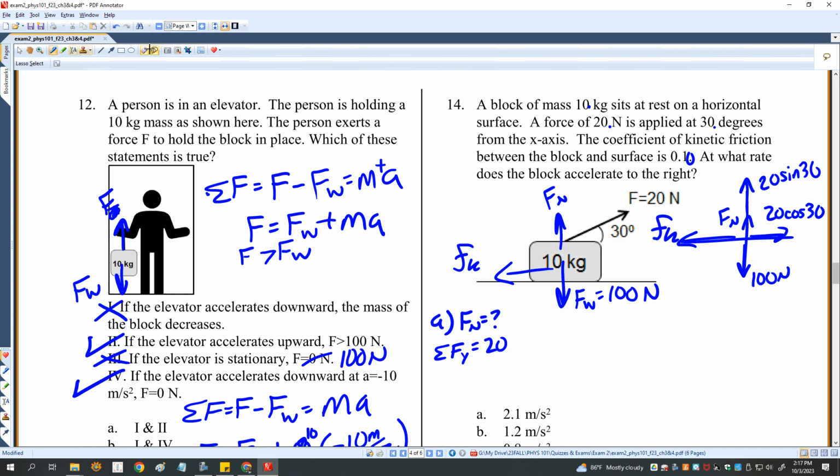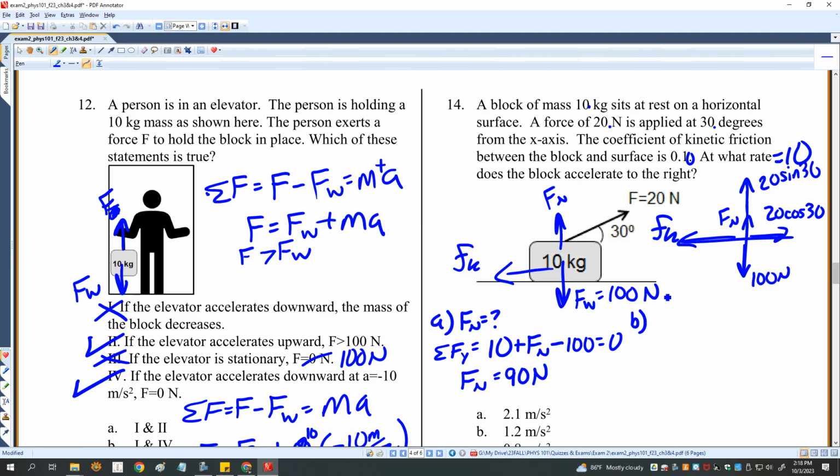Let's see here. 20 sine of 30 is equal to 10. So 10 plus Fn minus 100 equals 0. So that means that Fn is equal to 100 minus 10, or 90 newtons. That is my normal force.